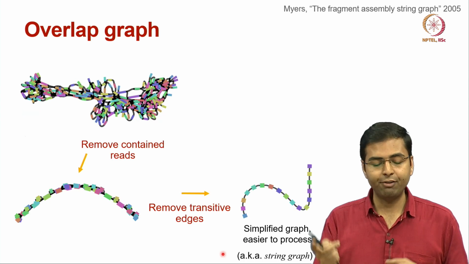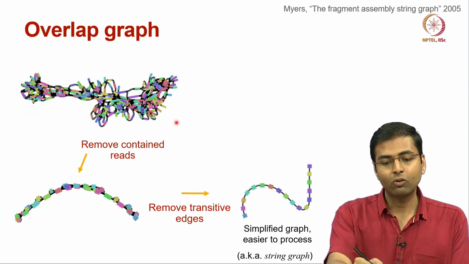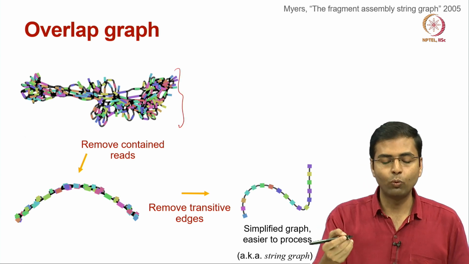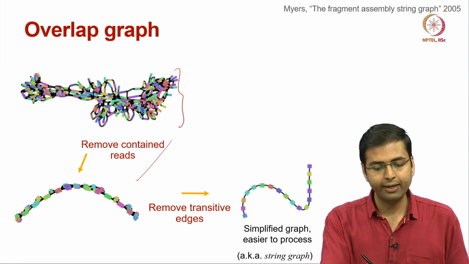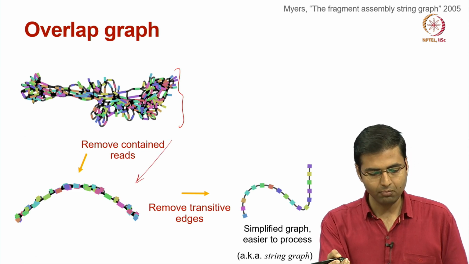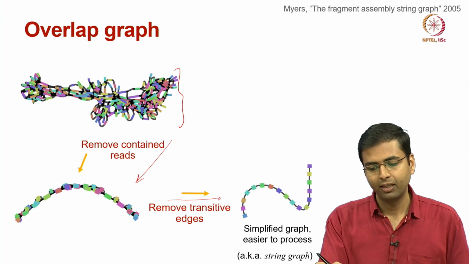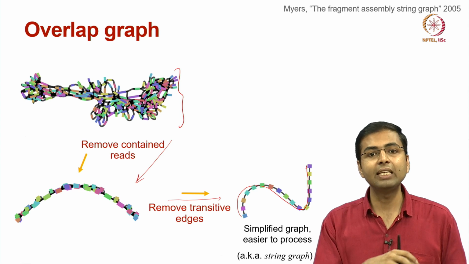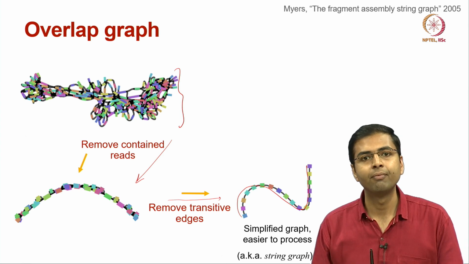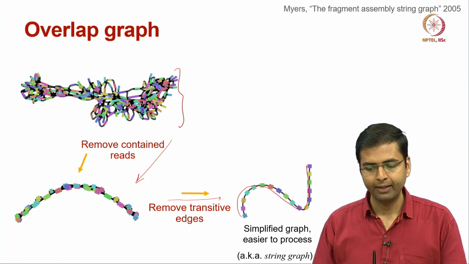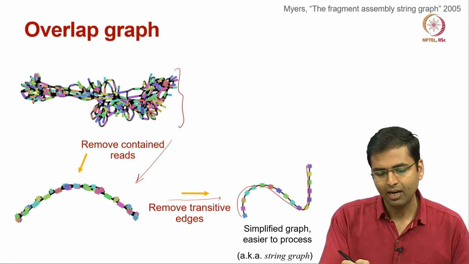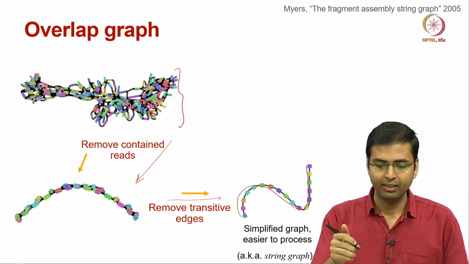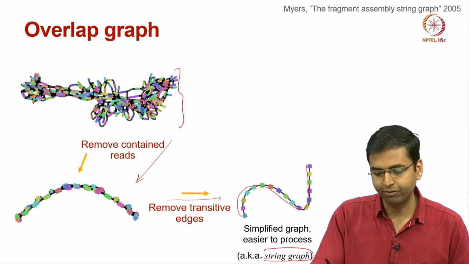On the same example that I was showing you before, where we had a complex graph topology that was complex to work with, after you remove contained reads you get a simpler graph, and after you remove transitive edges you get a simple chain-like structure in which we can easily spell the genome sequence from left to right. The graph obtained after removing contained reads as well as transitive edges is also referred to as a string graph.